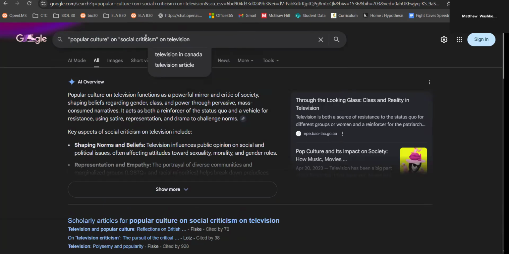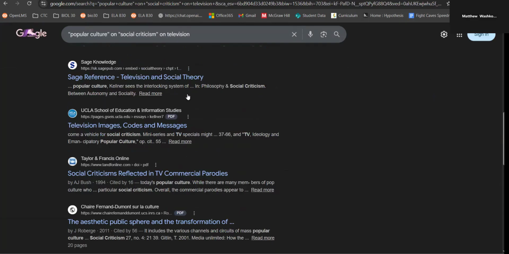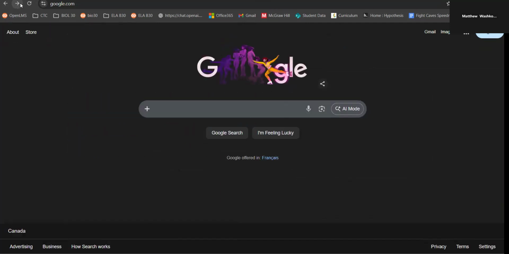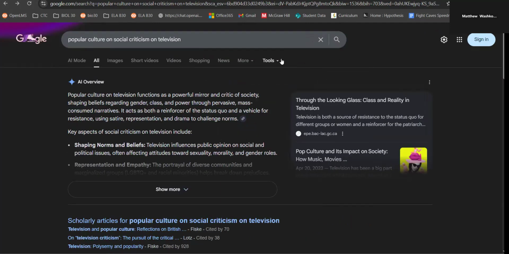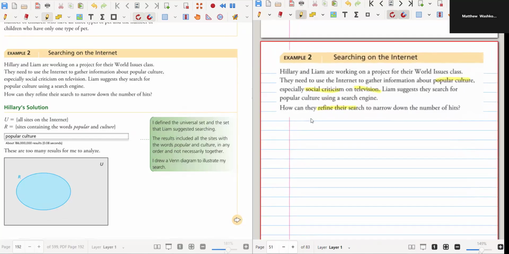It's only going to give me social criticism together. And maybe now my results have decreased substantially. So here we go, 49,800 results, whereas if I go back a little bit, 146 million results. So you can do techniques to enhance your searches, and that's what they're trying to do.